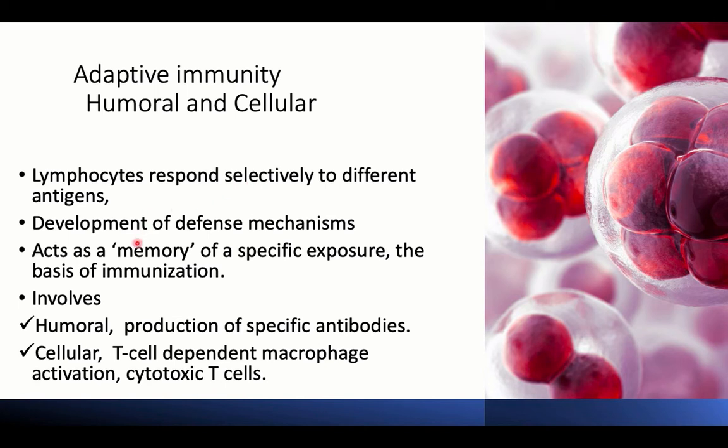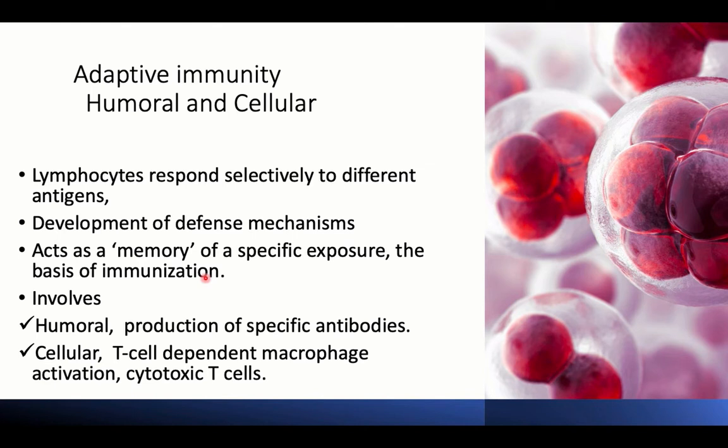So development of defense mechanisms by adaptive immunity is very important, and adaptive immunity works by formation of a memory of a specific exposure. This constitutes the basis of immunization: to be exposed to a certain antigen, followed by formation of a selective or specific adaptive immune response.